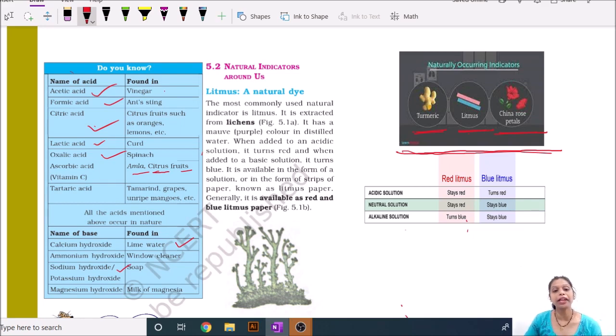These are the different bases we use in everyday life, and they have different basic characters.